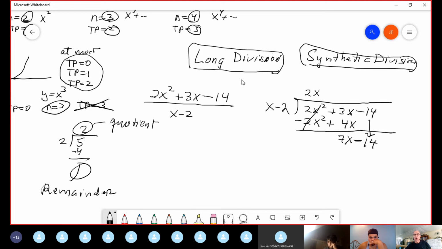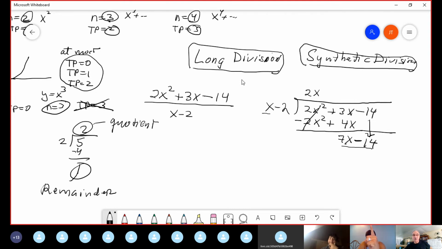How do you know if we have to continue the long division or stop? Continue. What is the clue that gives me that information? Look at the 7x minus 14. What is the degree of this polynomial? 1.